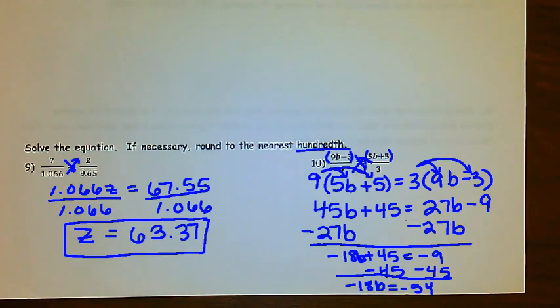This is not negative. Sorry, guys. So 18b would be equal to negative 54. So divide by 18, divide by 18. Let me make both negative here. So b is equal to negative 3.